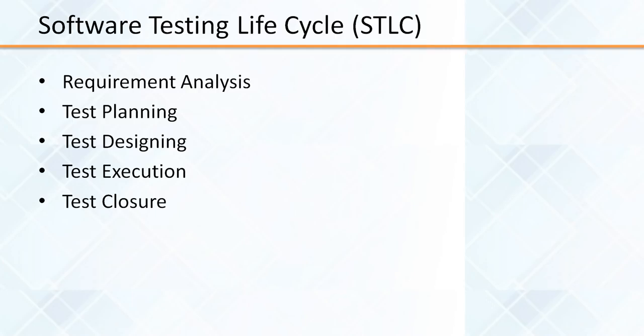These are the 5 different phases we have. In each phase, different people are involved, with different responsibilities, and we prepare different kinds of documents. Every phase has different kinds of activities we have to perform.